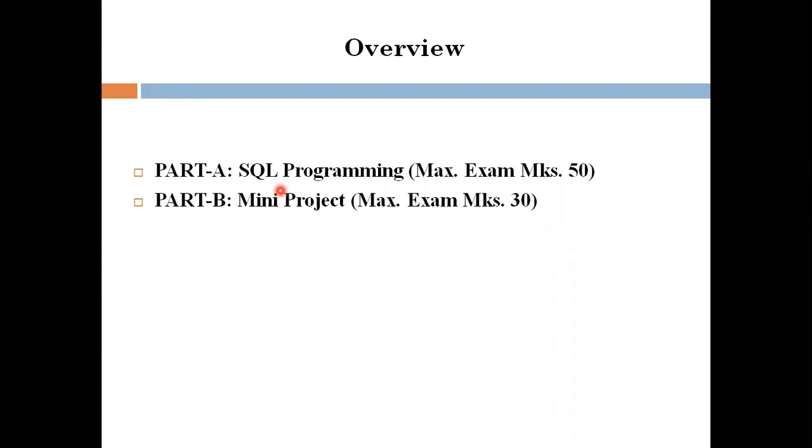There you will be doing some SQL queries, like queries to create a table, and queries to do some operations with the table. That is Part A. And Part B is the mini project, where you, along with your teammates or classmates, will be formed into a batch of 2 to 3 members, and you will do a database project like a rail ticket management system or library maintenance system.